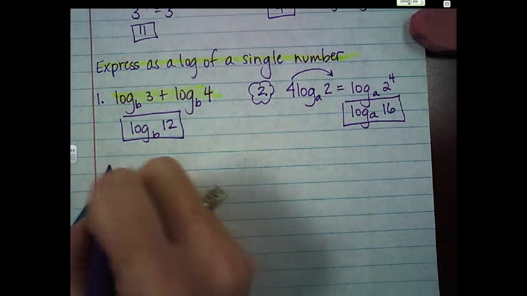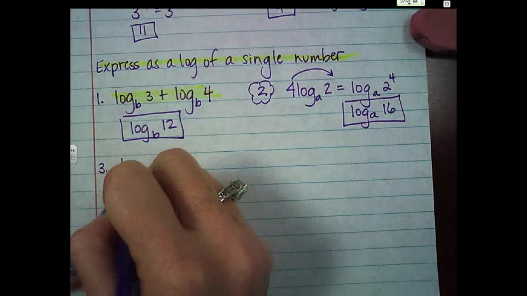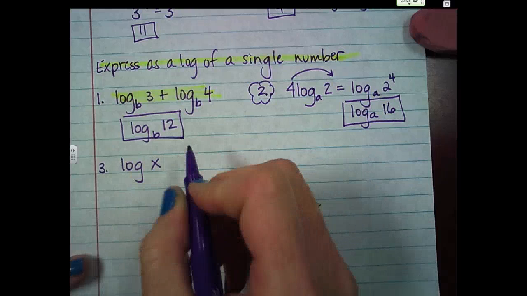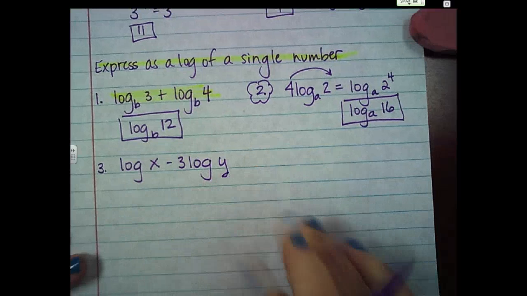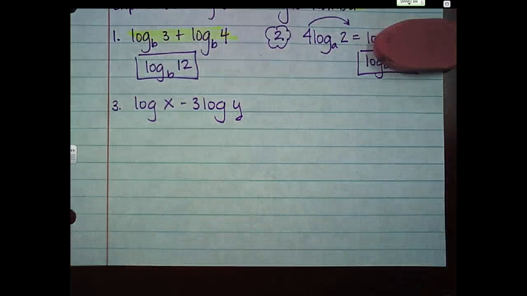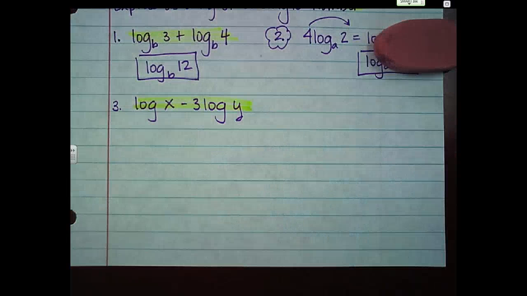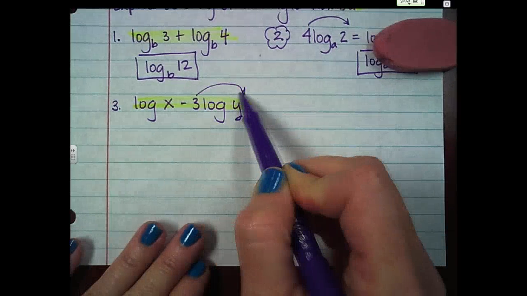Okay, so for number 3. If I tell you log base 10, so I'm not going to write it, so log x minus 3 log y. Okay, this is subtraction, which means it's actually division. If it's subtraction, it's actually division. And this time, there is a 3 here, so it turns to this.